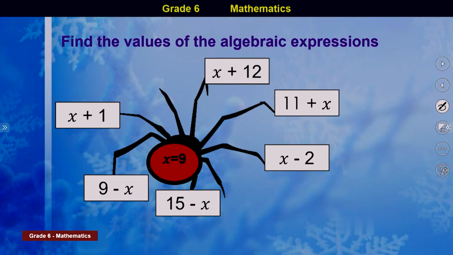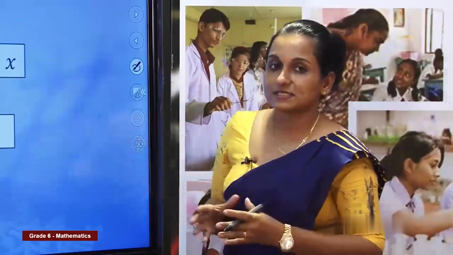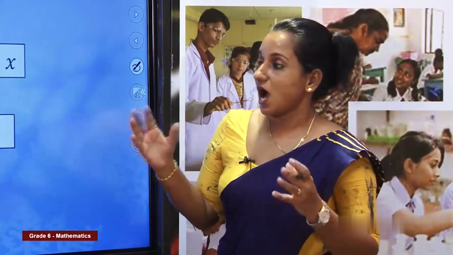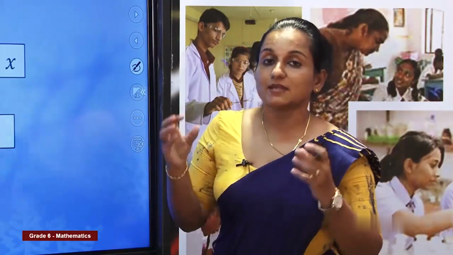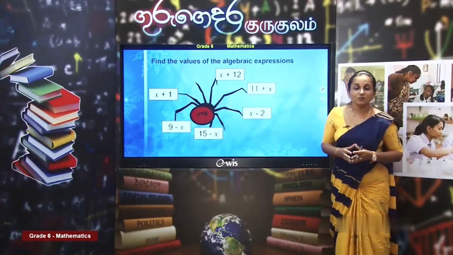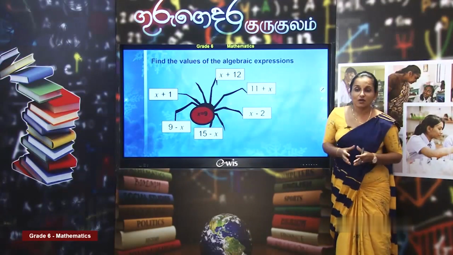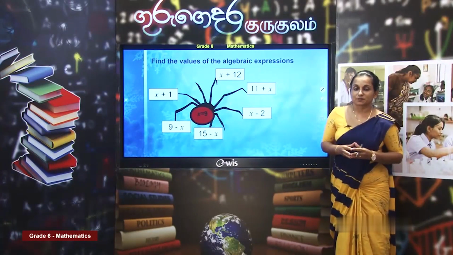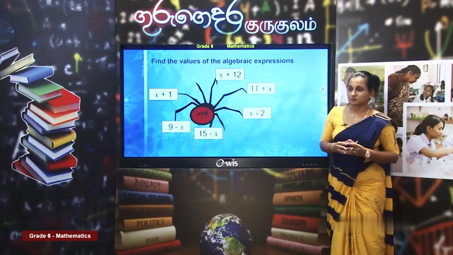Now what we have to do is substitute x equals 9 to each of these algebraic expressions. Let's see what will happen to the algebra spider after we substitute and get the correct answers. Can you help me with this? All you have to do is substitute the values with me. Let's start. Are you ready?